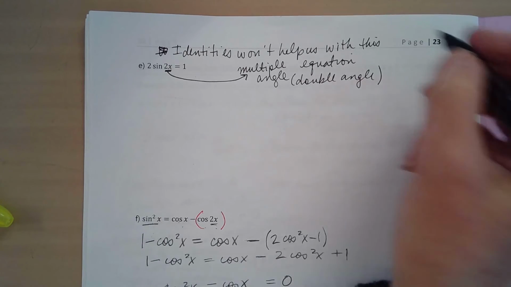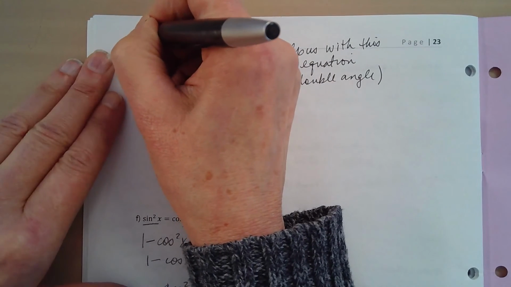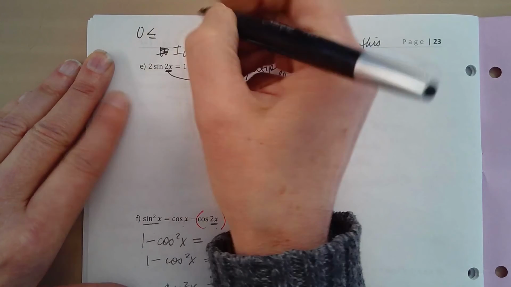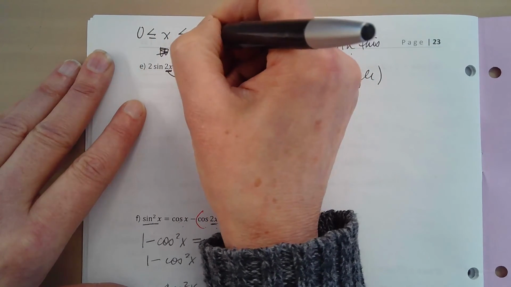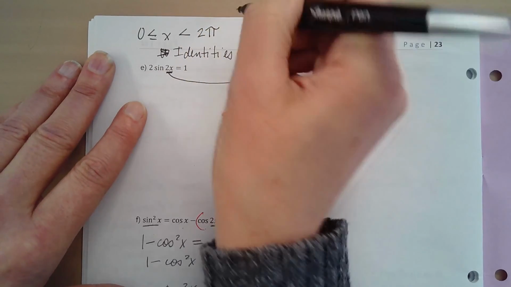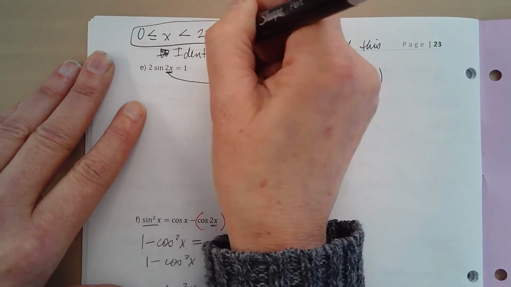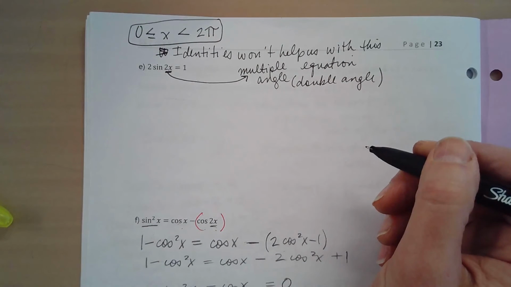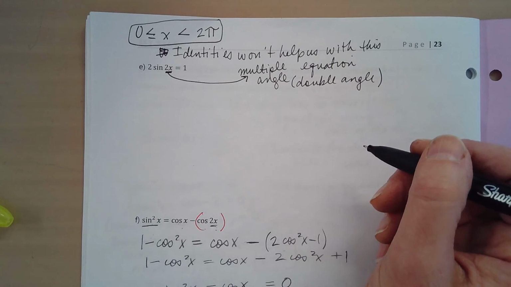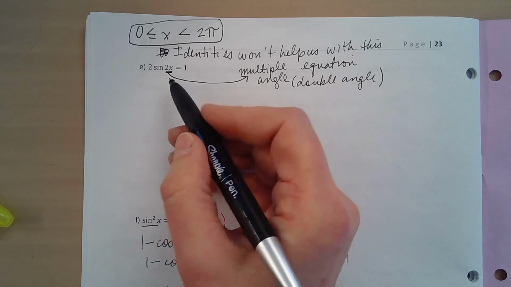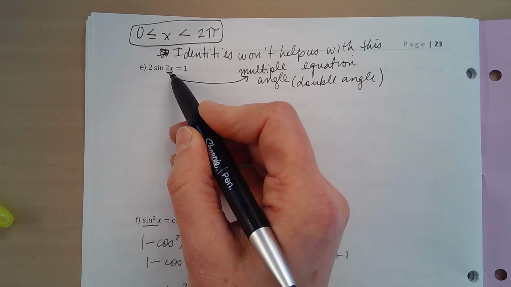Now, the search area, I'm going to say the domain was 0 less than or equal to x less than 2 pi, okay? So it's the same domain we've been using. That means I'm going to just search, nothing fancy, it's just one rotation. So how I have to solve these is, I was asked to solve for double angle.